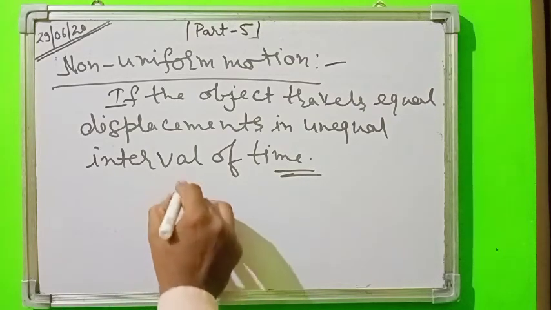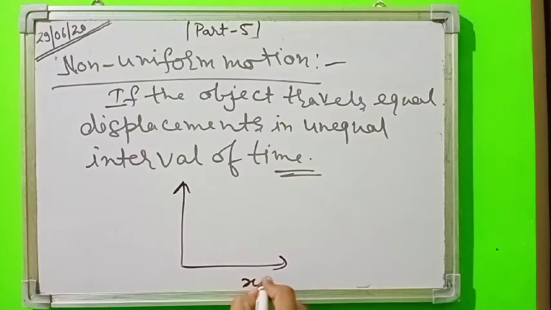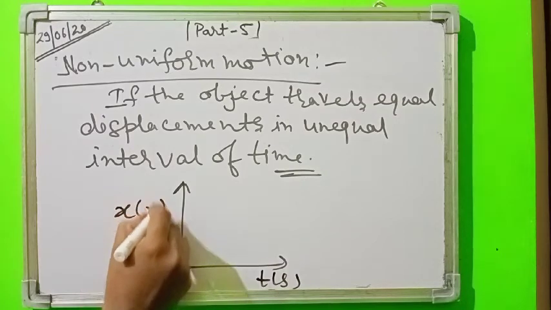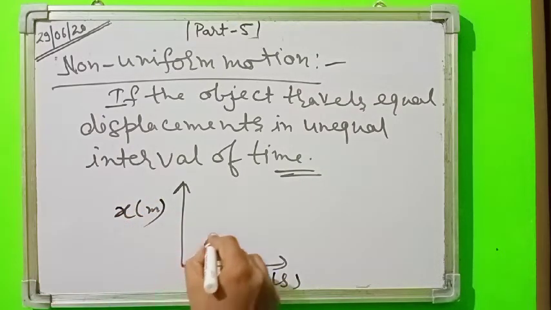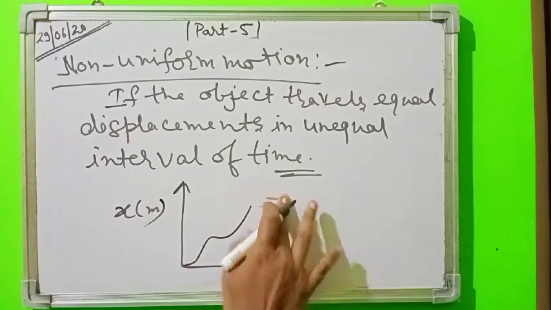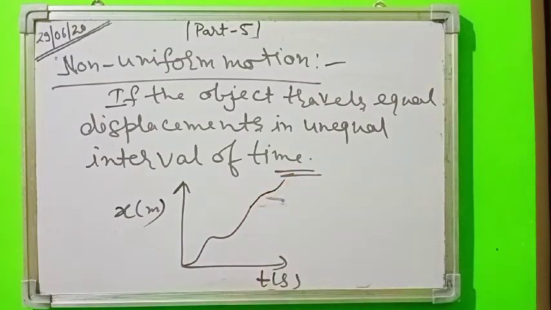You can draw the graph for non-uniform motion, with time in seconds on this axis and distance in meters on this axis, just like this graph. This graph is of non-uniform motion.